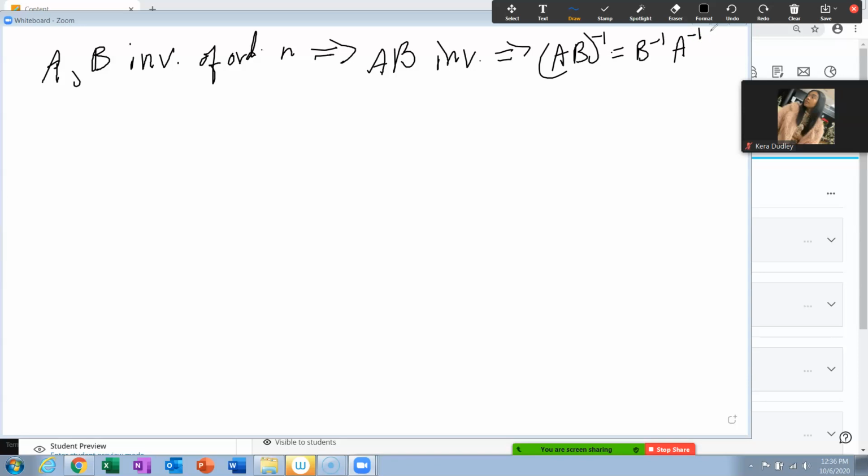Okay, so there was theorem 2.9. They do a little proof here, and it's a pretty decent little proof.